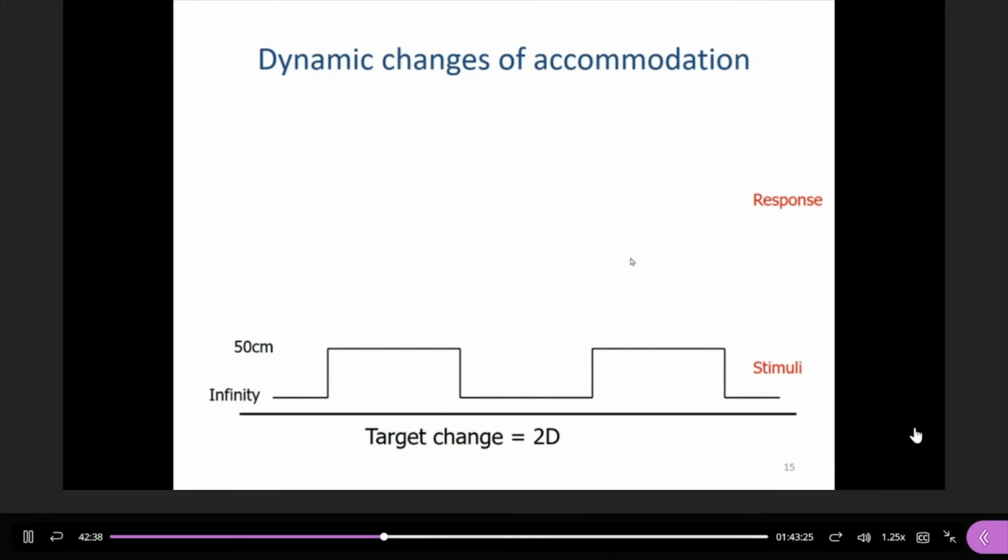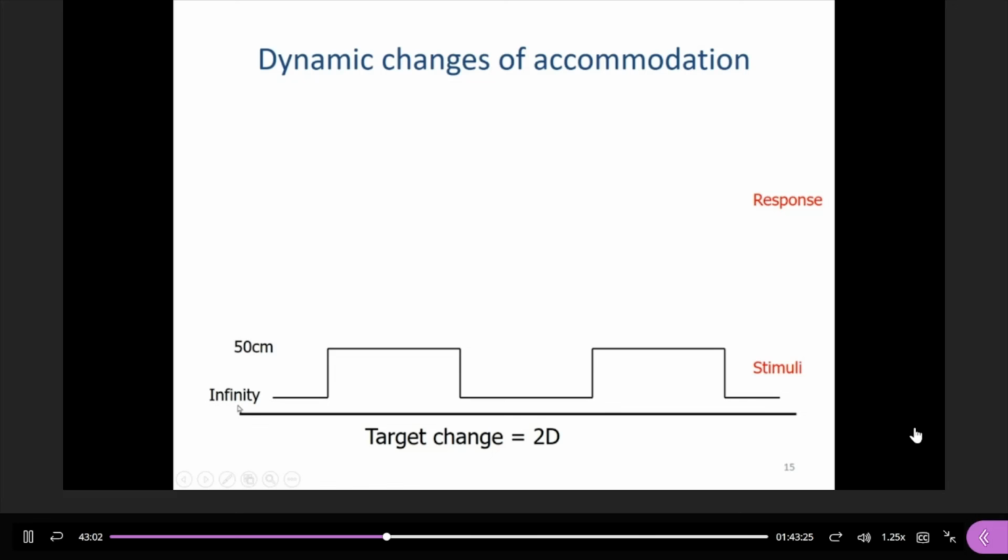So this diagram illustrates what happens when you are presented with an accommodation stimulus. First, I want you to look at the bottom part of this slide. This serves as the accommodation stimulus, meaning that you are presenting objects to the patient to look at.